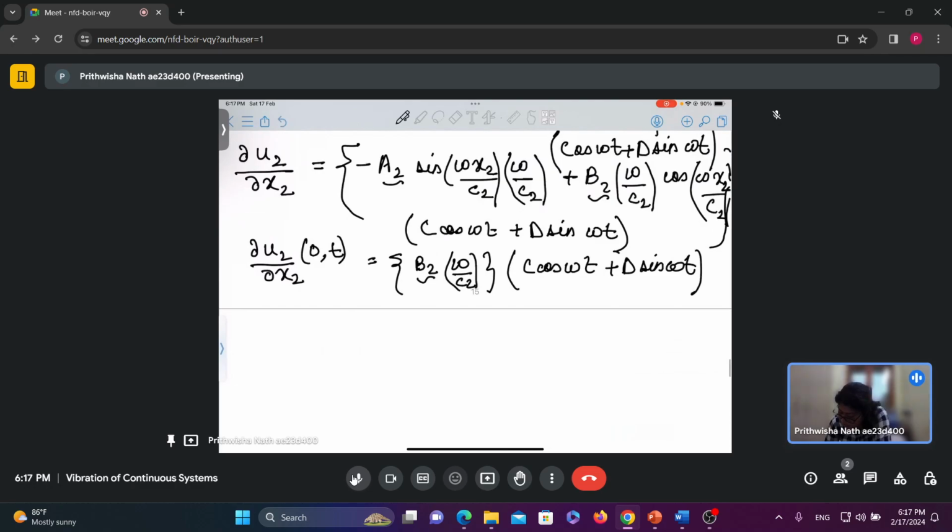So substituting in equation 1, what do I get?